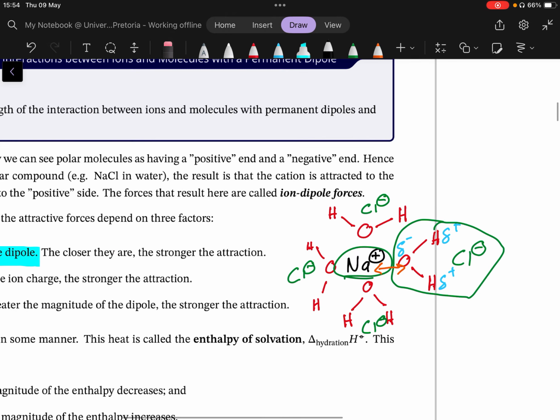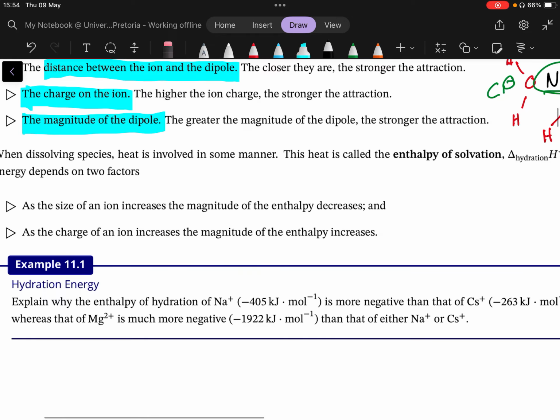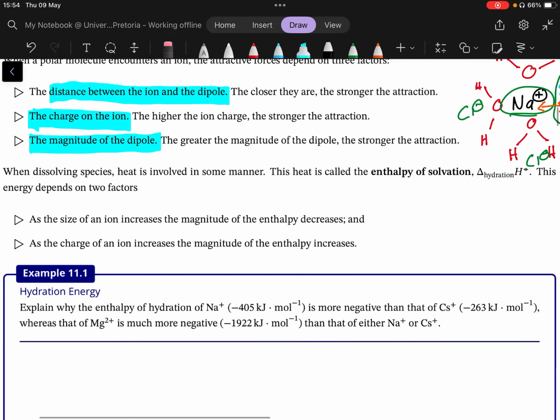So all of these tell you essentially that if things are closer together, they'll have a stronger interaction. If one of them is more negative or more positive, they'll have a stronger interaction. That's basically what these rules tell you. And the way we can see this is by looking at the heat of solvation. The solvation enthalpy is sometimes called the heat of hydration.